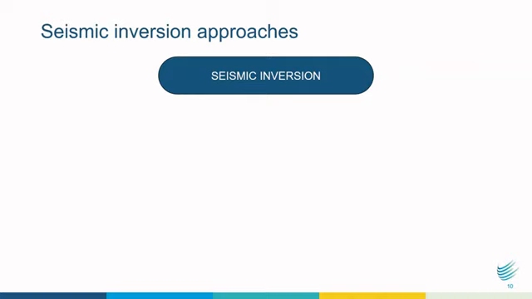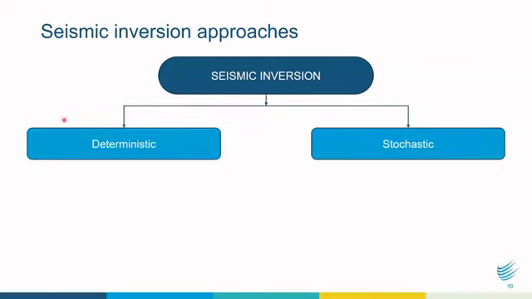So now we know why we need to perform seismic inversion, and in which cases it could be helpful. Let's now quickly review seismic inversion approaches. Globally, there are many different seismic inversion algorithms, and they can be separated into two big groups: deterministic methods and stochastic methods. The main difference is that in deterministic inversion, we have a result in the form of a single model of elastic property.